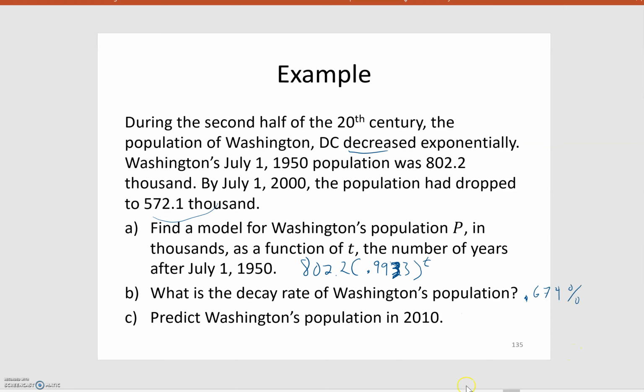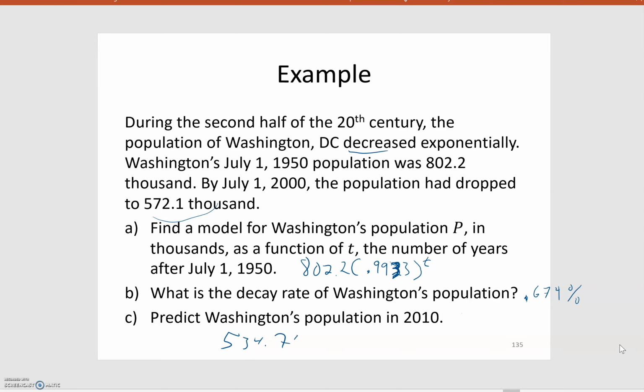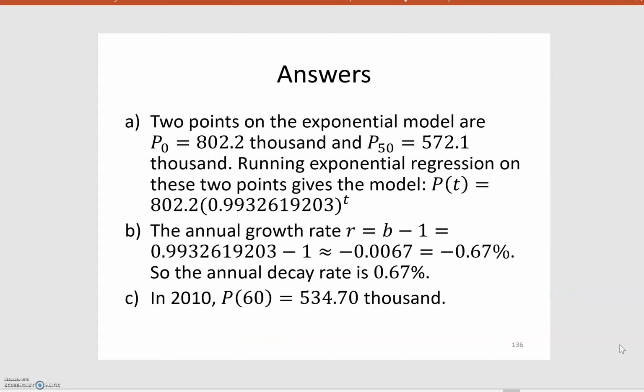And then finally, to get the 2010 population, we just evaluate the model at the appropriate input, which would be 60, because we started in the year 1950 and we're talking about 2010. By the way, this is an extrapolation because it's outside of the data set, 534.70. So this is an extrapolation, which means it's probably wrong, but maybe not.